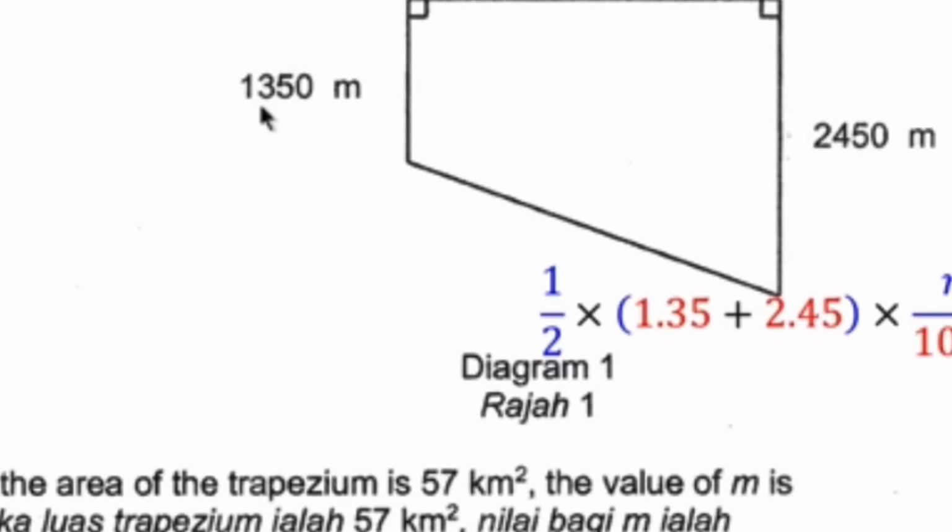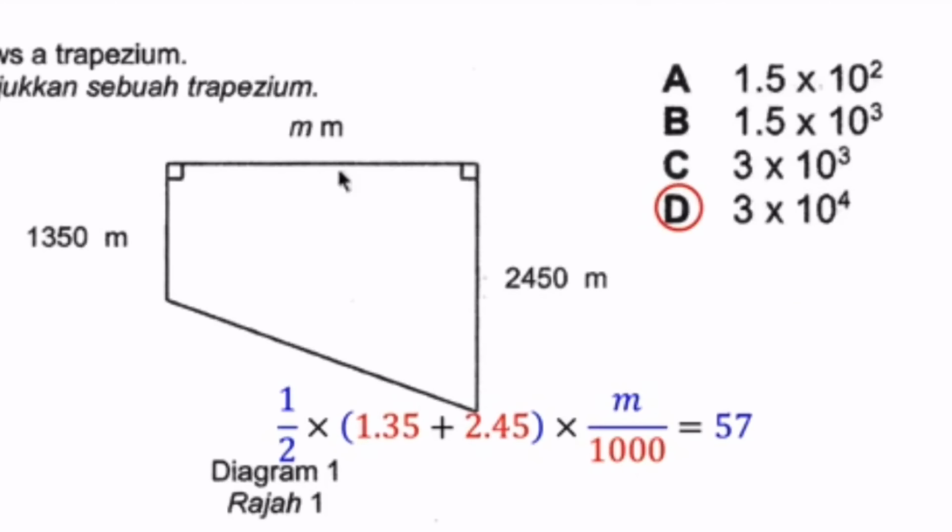So each of the lengths you have to divide by 1000, and then you just use the formula for the trapezium: half times (A plus B) times the height. A is the shorter length and B is the longer length.